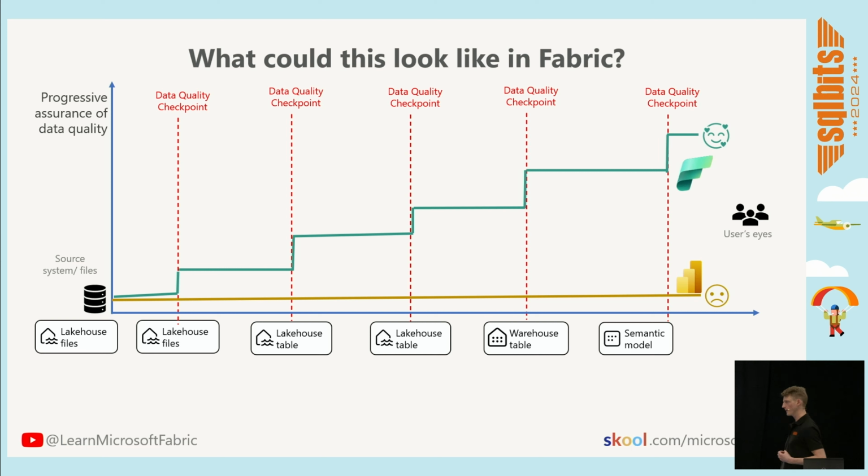But when we implement that different layered architecture, at each point, we're performing data validation, data quality checks, and over time, the quality of your data is getting higher. So on the right-hand side, your users are absolutely loving this because they can finally trust the data that you've got coming out of your gold layer, out of your last layer.